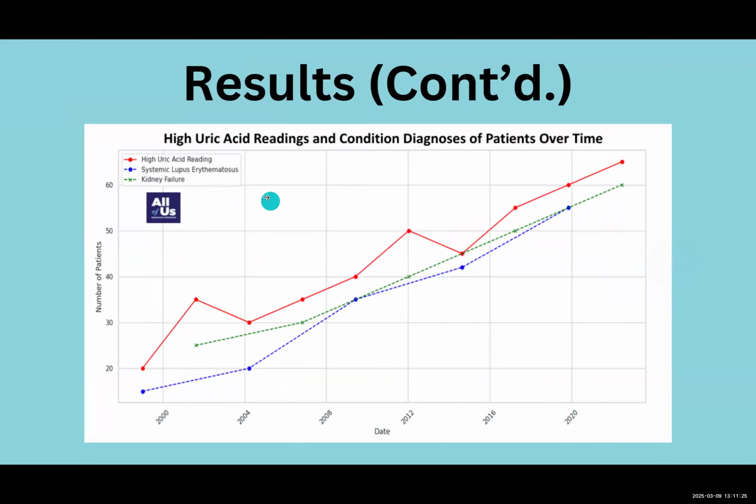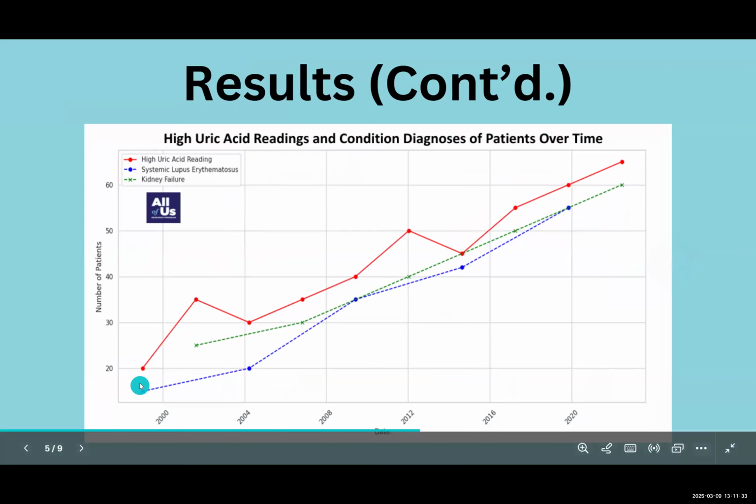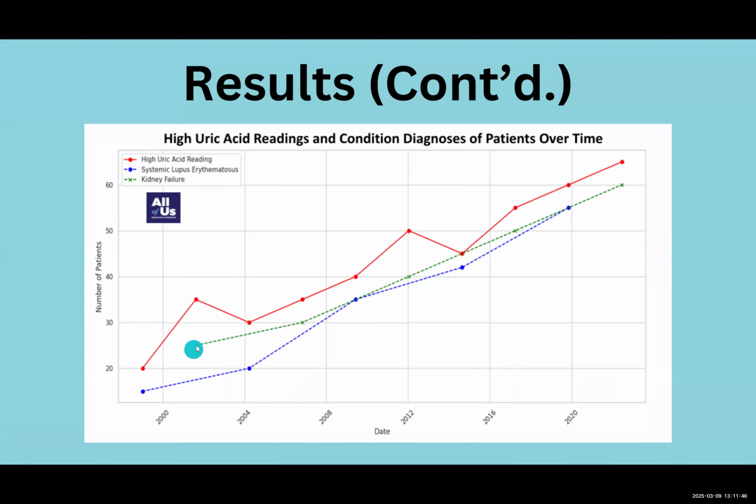We also did a chronological graph to look at the diagnosis time periods for all three comorbidities. And as we can see, high uric acid readings and systemic lupus diagnoses start around the same time frame. And the high uric acid readings always maintain above the number of patients that are diagnosed with kidney failure.